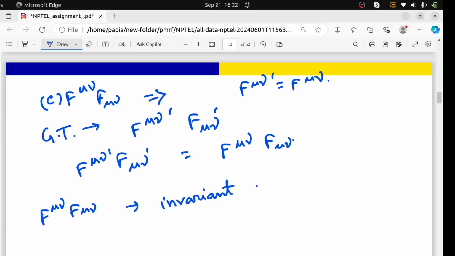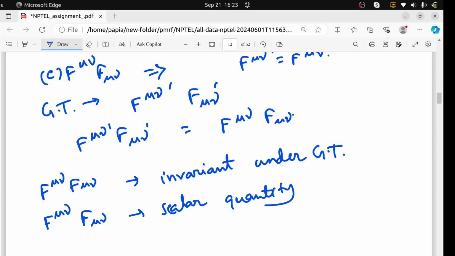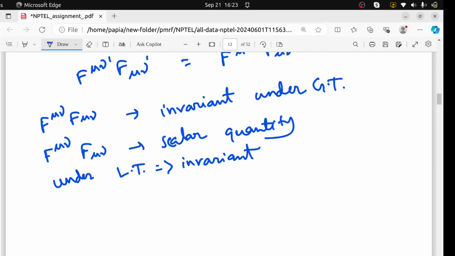Now coming to the Lorentz transformation, this is as a whole a scalar quantity. So under Lorentz transformation, obviously it will be invariant, as I have already mentioned in the previous case.